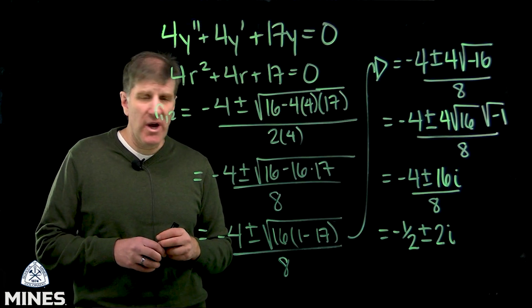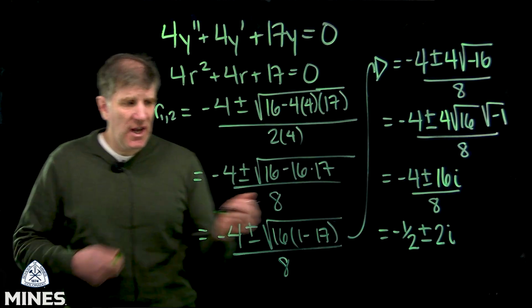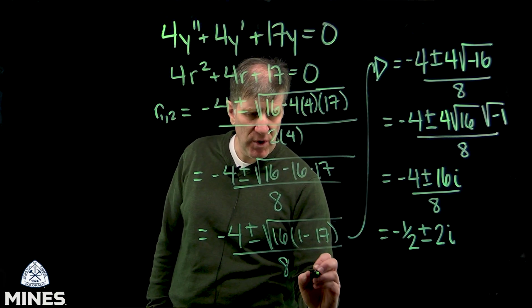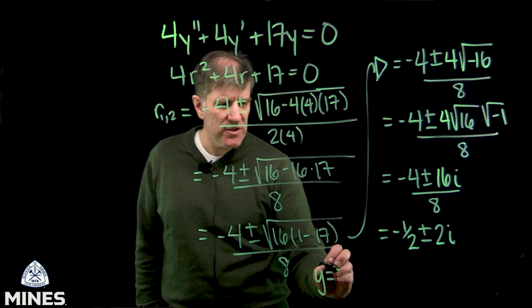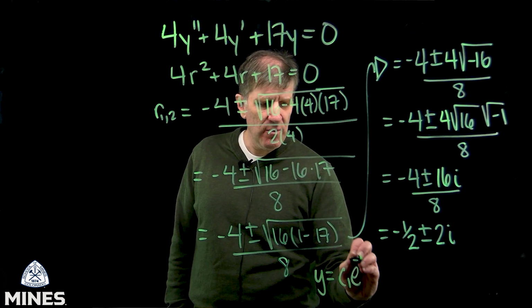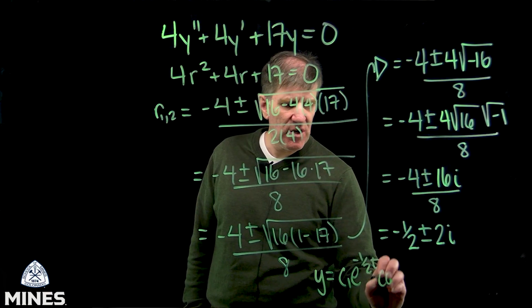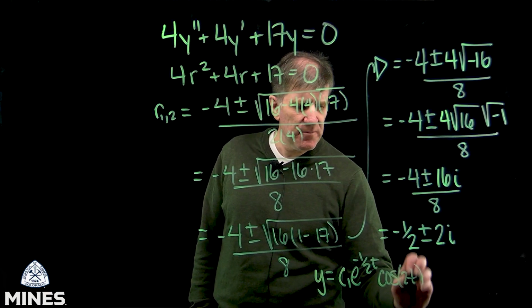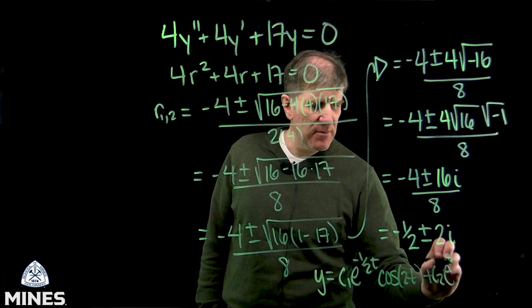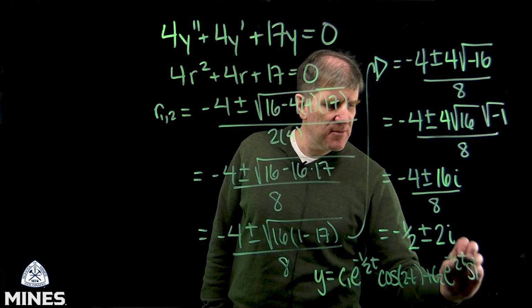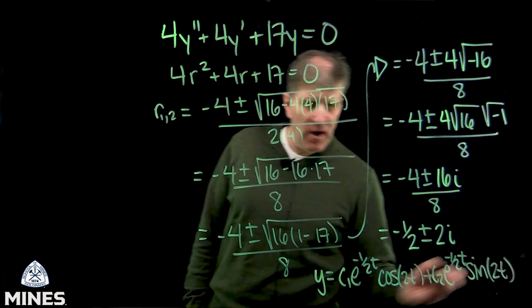From there, we can write our general solution, and I think I have space for it. So y equals c1 e to the minus 1/2 t times the cosine of 2t plus c2 e to the minus 1/2 t times the sine of 2t.